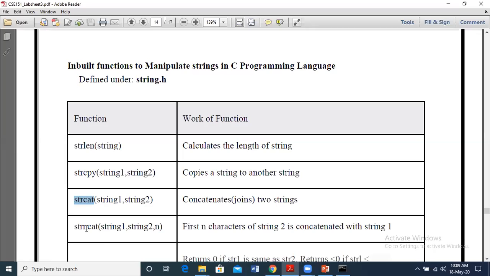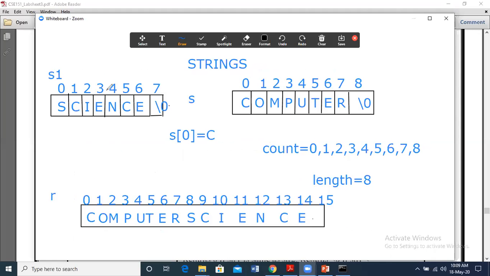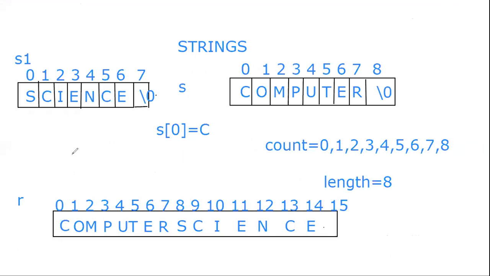Then we have a little variation, which is strncat. In strcat, the entire string 2 is concatenated, like we saw in this example, computer and science, so the full word science is concatenated. In strncat, we may specify an n value.